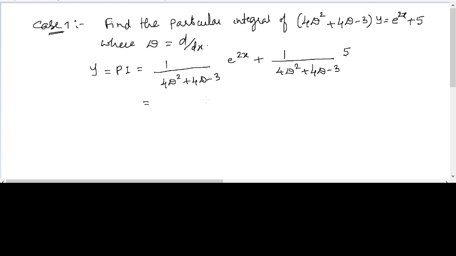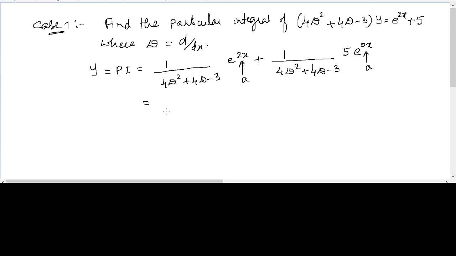In the first problem, we take a is equal to 2, and the constant 5 can be taken as 5 into e to the power of 0x, so the value of a there is 0.